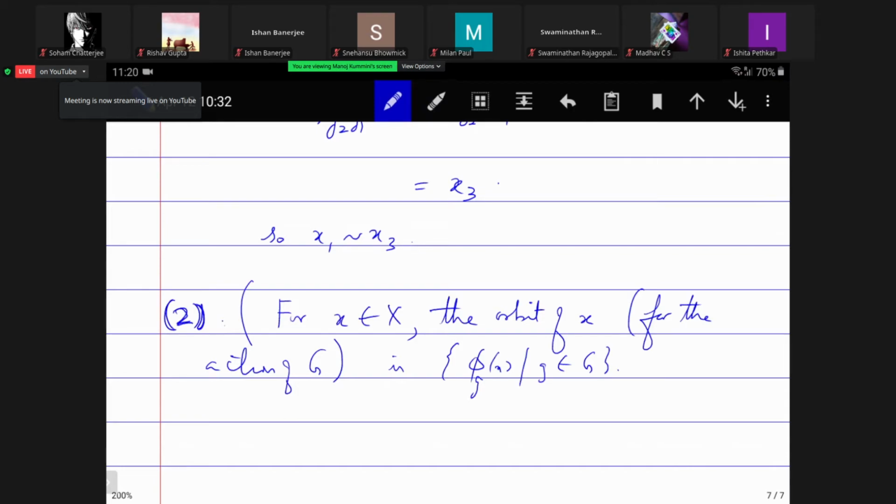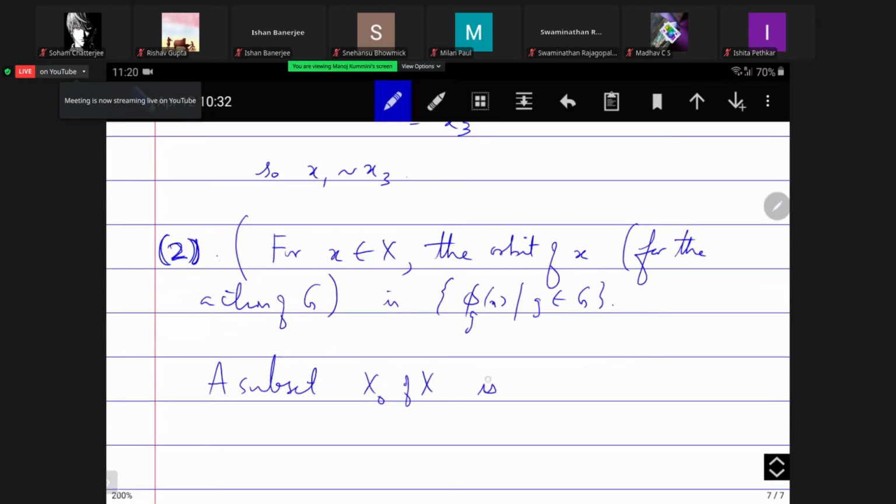So consider every subset of X which is an orbit of some element of that set. A subset X0 of X is called an orbit of G in X. Of course, all of this is understood for a given action of G. G is given, X is given, and the map phi g for each g is also given.